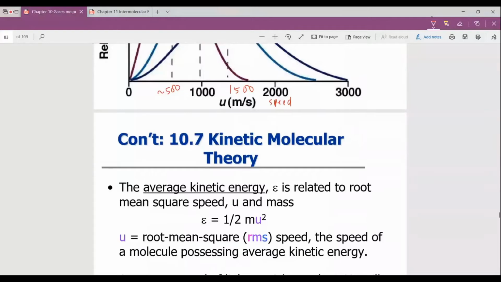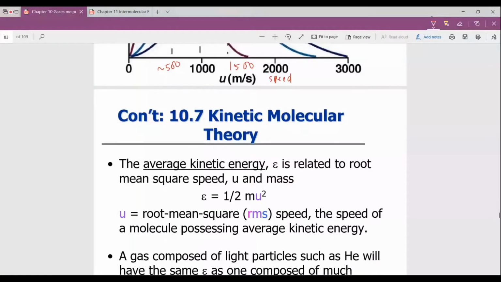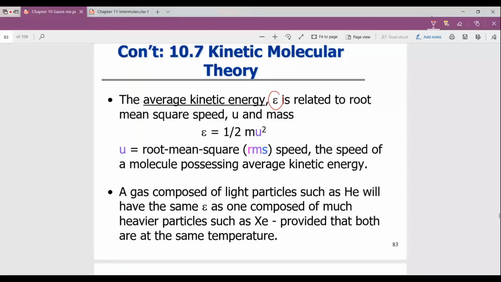Alright. So here, the average kinetic energy is related to the root mean square speed u. We call it RMS, and the mass as well. So we're using this formula.